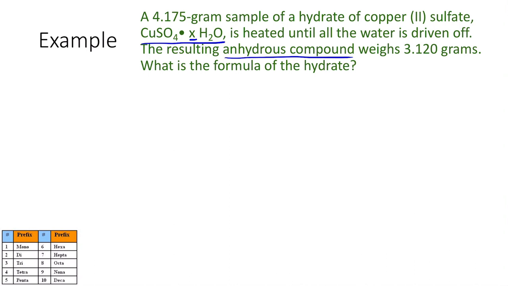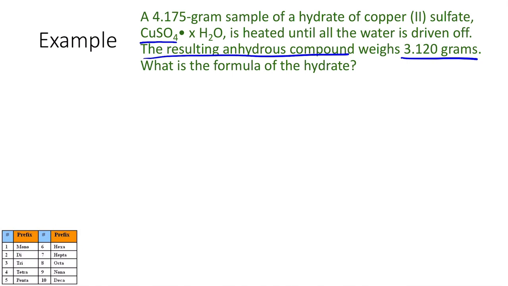So if we take a look at this formula, let me erase my underlines here. If we take a look at this formula up here, this part is our anhydrate. If we evaporate all the water, that is all that is left. So the resulting anhydrous compound weighs 3.120 grams. And we need to know an amount for the anhydrate and an amount for the water separately. Just like we did when we calculated the formula in the last example, we already had our anhydrate and our water separated there.